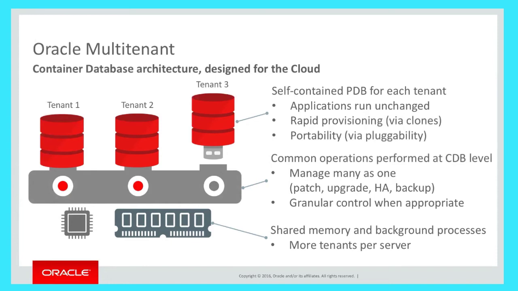Or we could subdelegate privilege down to the individual tenant, allowing them to back up or restore their own tenant. Again, this provides coarse-grained and fine-grained management capabilities as common operations.